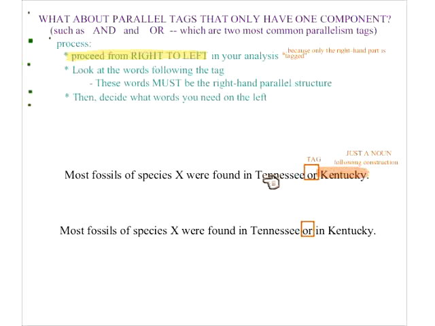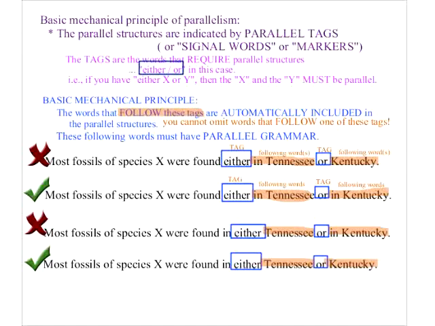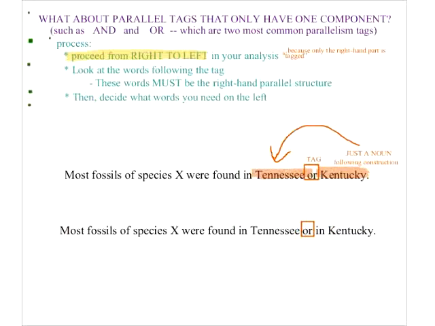Yeah. If this is just Kentucky, which is just a noun, then you need something else that's just a noun, and there's another place over here. So you can just decide to start your parallel structure right there. Notice that's not an option when you have an either and an or; you just have to start the structure wherever it tells you to. But here, you can just pick off that much of it and say this, right here, Tennessee or Kentucky, is my parallel structure.